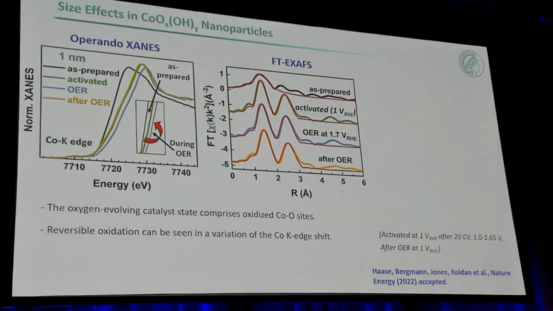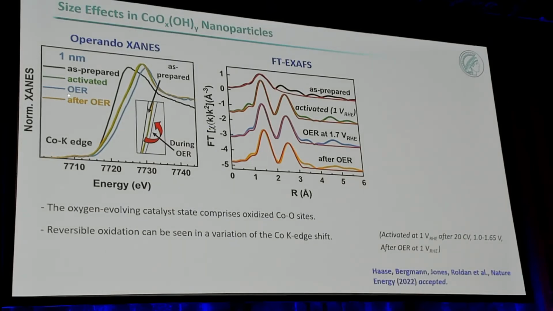Now, we look with X-ray absorption spectroscopy at our smallest catalyst, in this case 1 nanometer particles, in their prepared state. And you can see that once we go to the activation treatment, going to a 1 volt potential with respect to RHE, and we do 20 cycles as indicated here, there's a very clear change, a shift in the spectrum here.